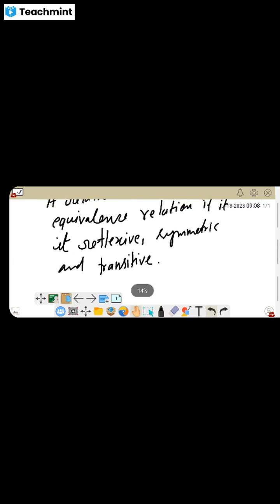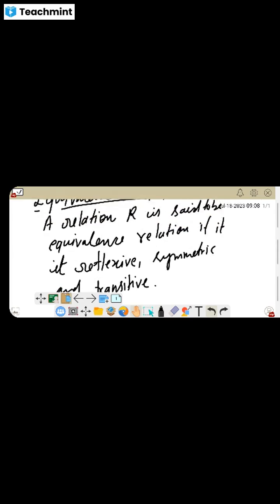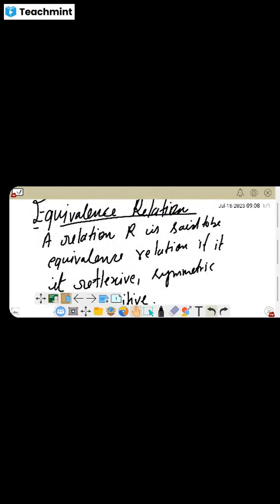If a relation has all of these three properties, then we can say that the given relation is an equivalence relation.